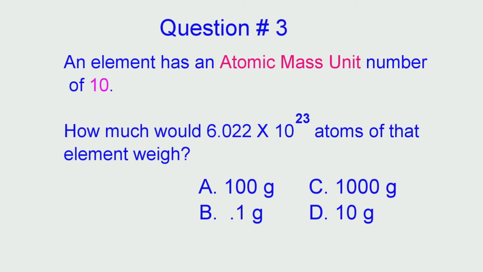Question number 3. An element has an atomic mass unit number of 10. How much would 6.022 times 10 to the 23rd atoms of that element weigh if you were to put them on a scale?